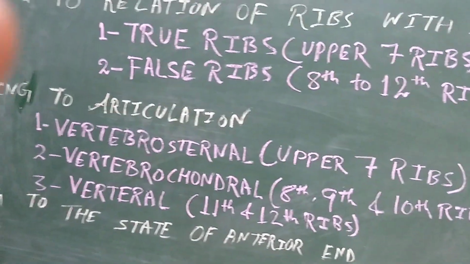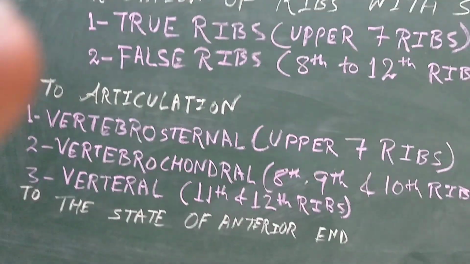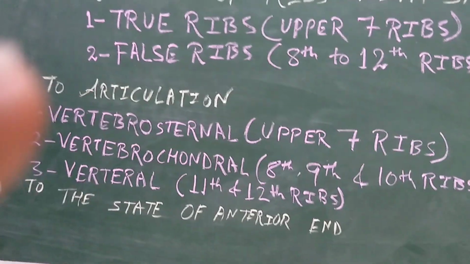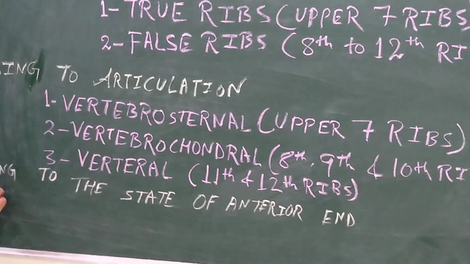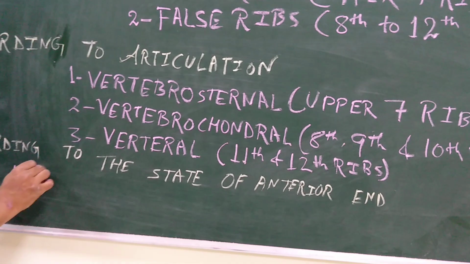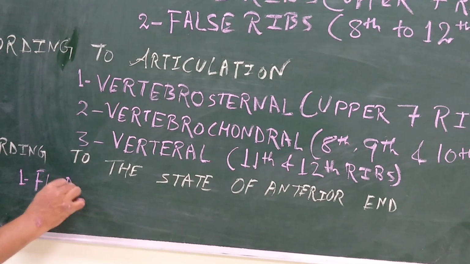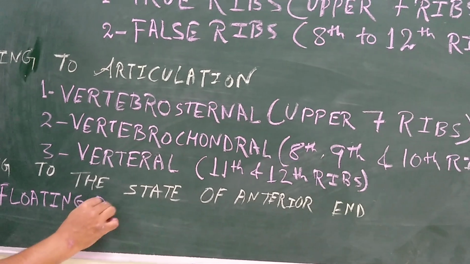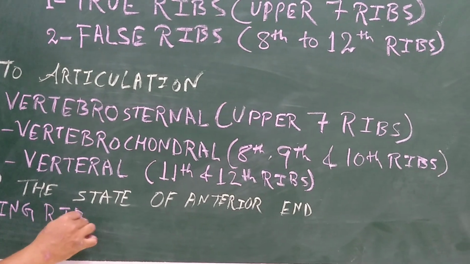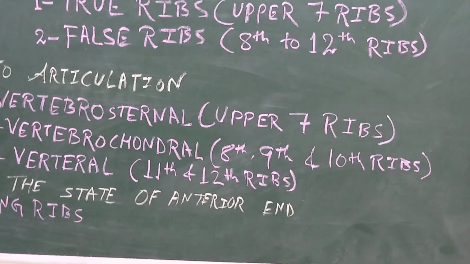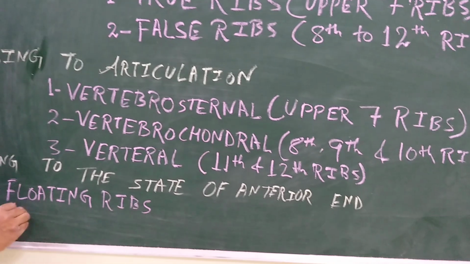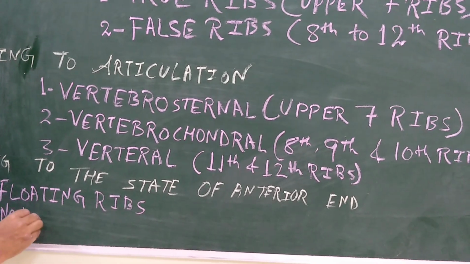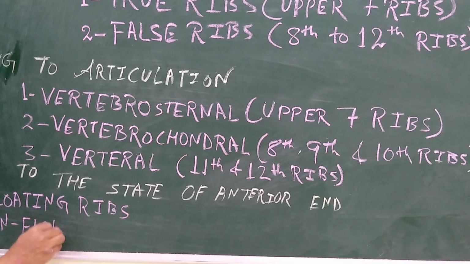Now, according to the state of the anterior end, these are also of two types. First one is the floating ribs. Second one is the non-floating ribs.